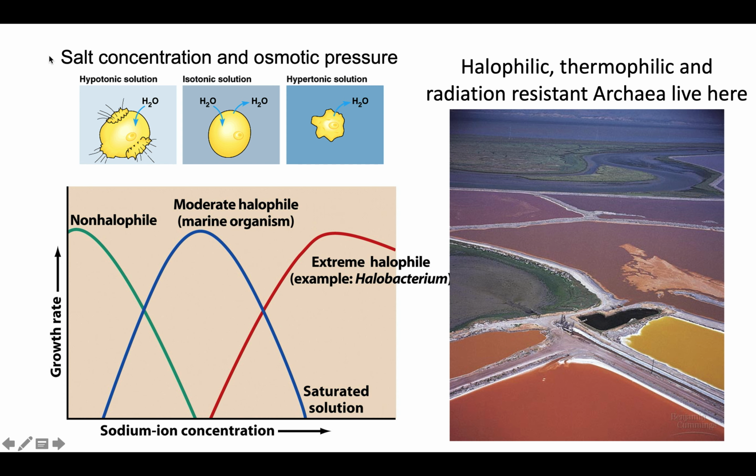We've got the moderate halophiles, and these are basically your marine living organisms. They can tolerate 5 to 20% sodium chloride within a water environment. And then finally, the extreme 20 to 30% halophile. And these, again, these extreme halophiles are your archaea.